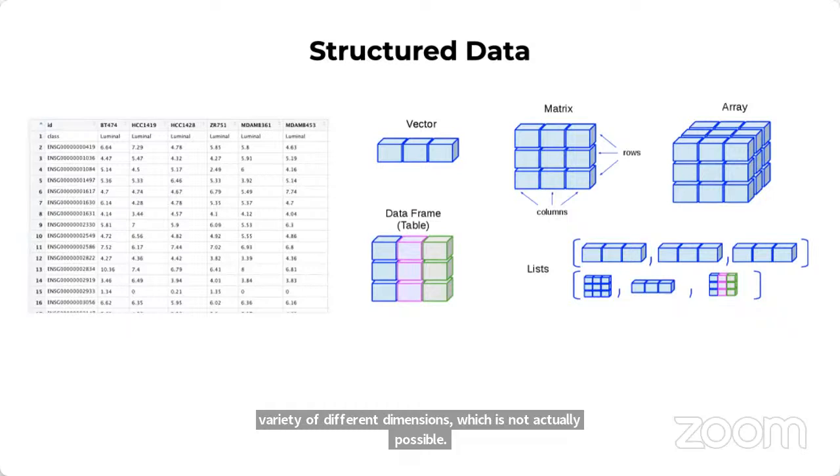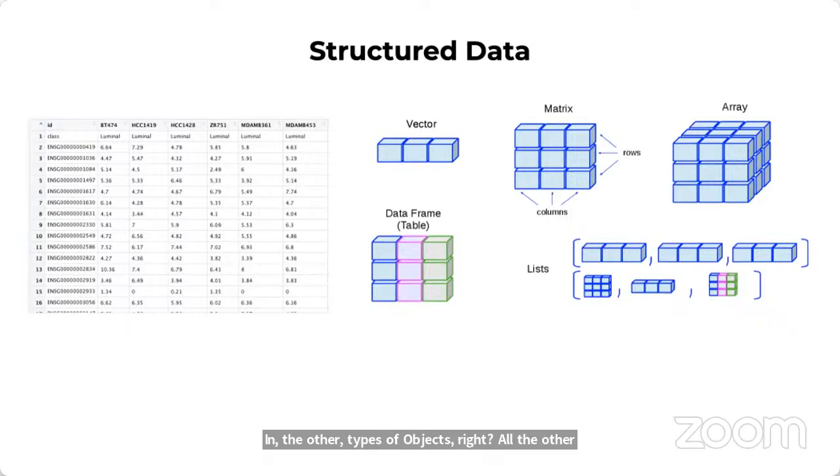All the other data frame, matrix, and array should have consistency in their dimensions. All the rows should have an equal number of columns, and all the columns should have exactly equal number of row entries. So that is absolutely necessary.